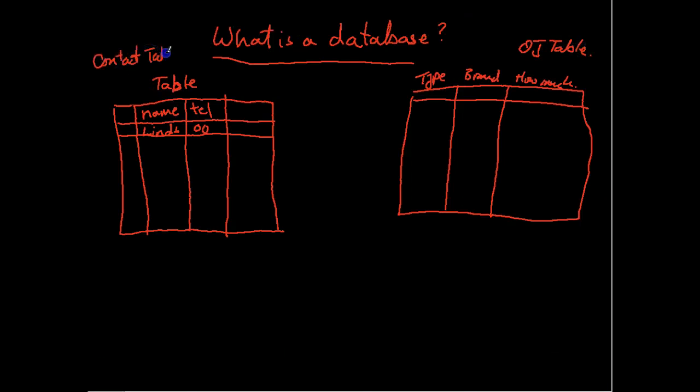okay? Now, there's an important thing here to connect the two together because we haven't repeated any information from here. At the moment we've just got a list of stuff here that's just the type of orange juice, the brand, and how much, but we don't know which person this is connected to. So what we can have is a unique ID here, an ID field, and this might be 1, and this might be 2, and this might be 3.